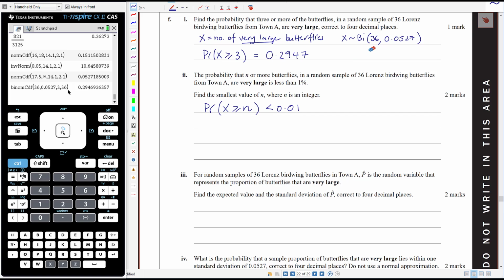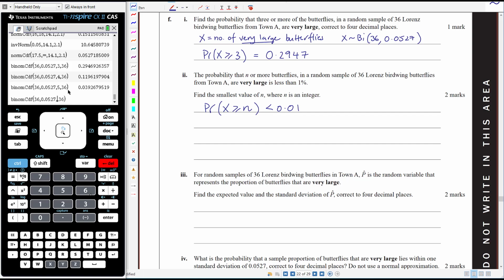We essentially want to know what this number has to be so that this probability is less than 0.01. We know if that number is 3, the probability is about 0.3, so it's way too big. All I would simply do here is use trial and error. If n is 4, bigger than or equal to 4 is about 10%. The probability that 5 or more butterflies have a very large wingspan is about 4%.